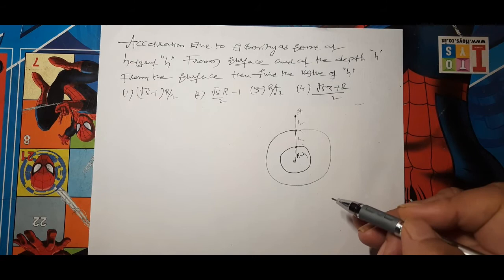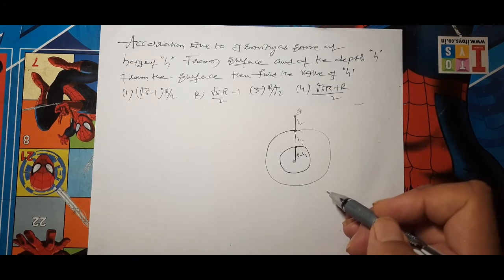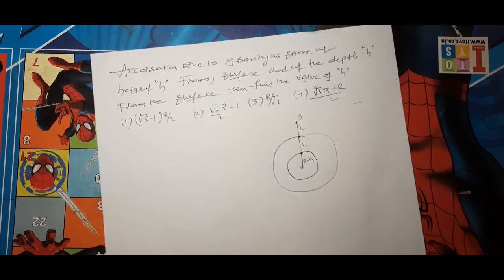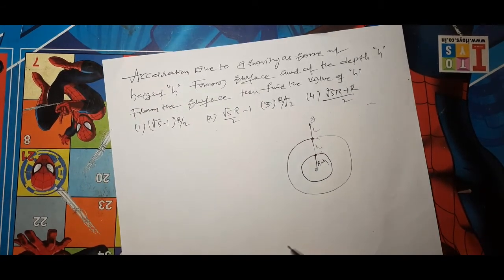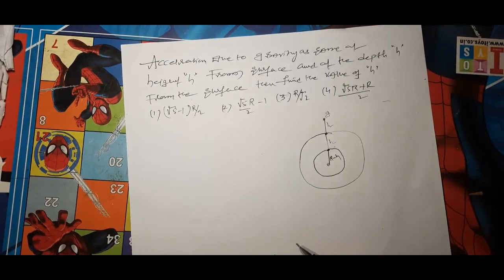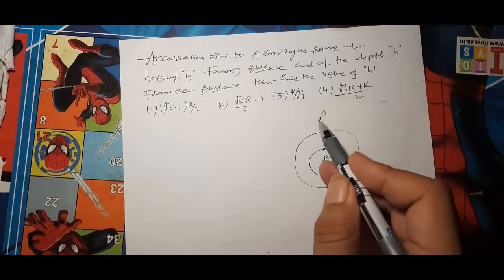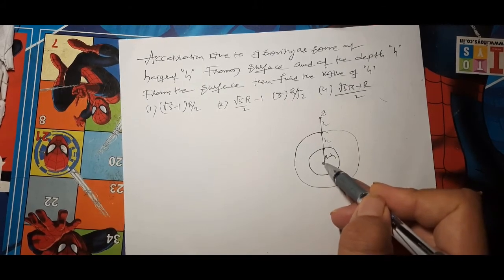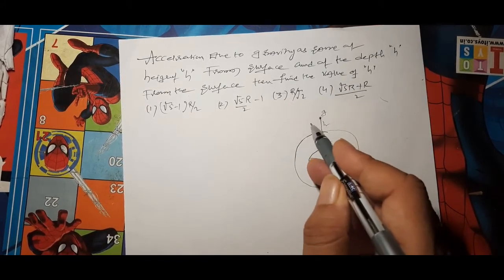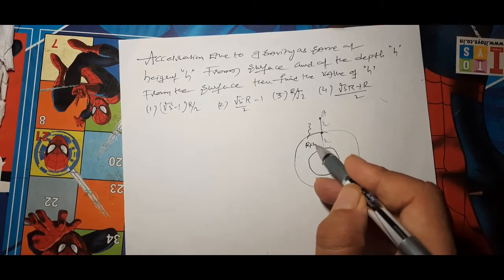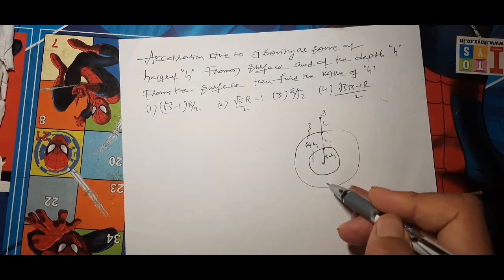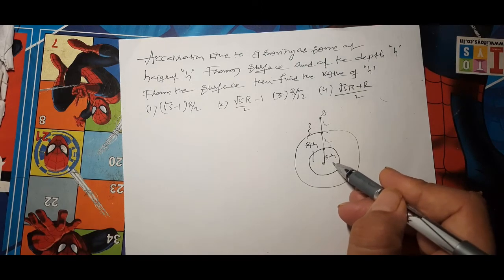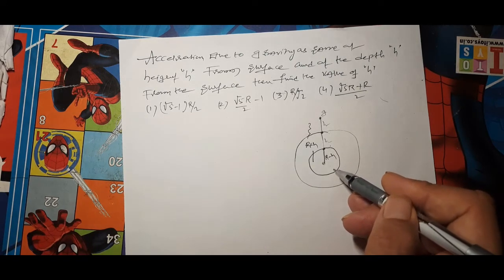So one point is at a distance R plus h from the center of the earth, and the other point is at a distance R minus h from the center of the earth.